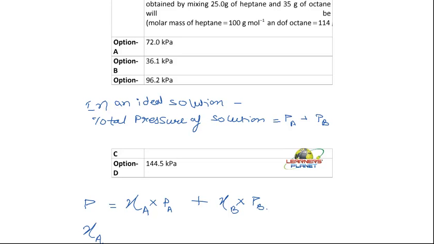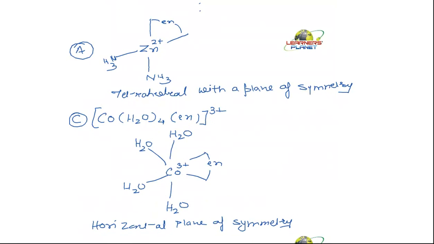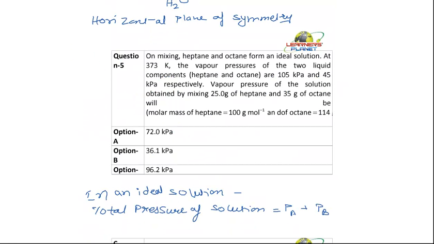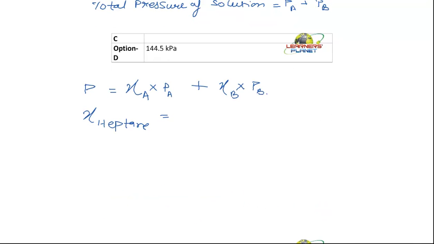Now what is A here? The mole fraction of heptane, I can say. So what is the mole fraction of heptane? The number of moles of heptane divided by the total number of moles. So what is the number of moles of heptane? The weight in grams of heptane dissolved. How much weight of heptane is dissolved? 25 grams.